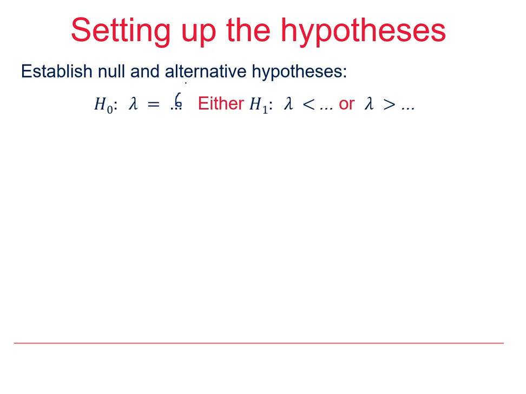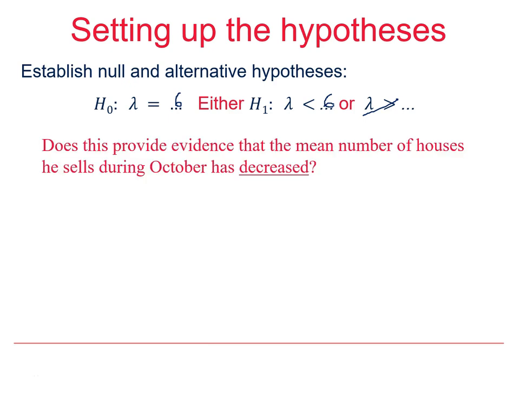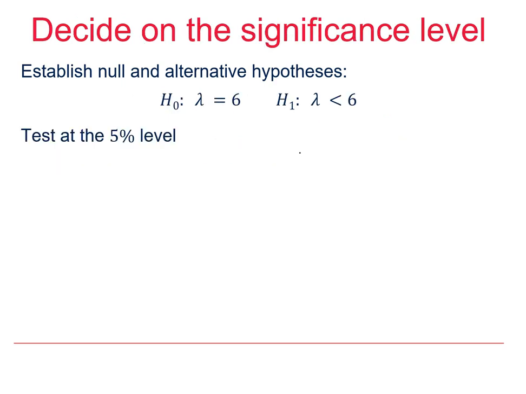And our alternative hypothesis in this case is not greater than, it's going to be, is lambda less than 6, has lambda decreased? And we are going to be looking at the evidence we've got to test this hypothesis. So always check for the word in the scenario you're given, because that will tell you what sort of tail test you're going to be using.